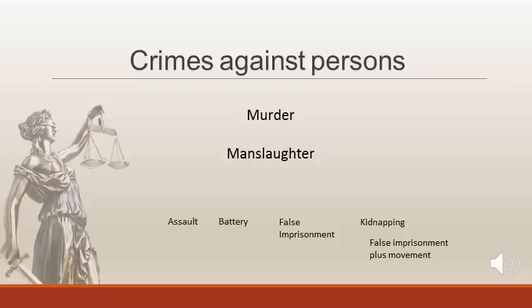All the other ones, assault and battery and false imprisonment, we discussed in intentional torts. I won't be testing you on those three as crimes because we already discussed them in intentional torts. So the crimes against persons that we will be discussing and spending some more time on are murder and manslaughter.